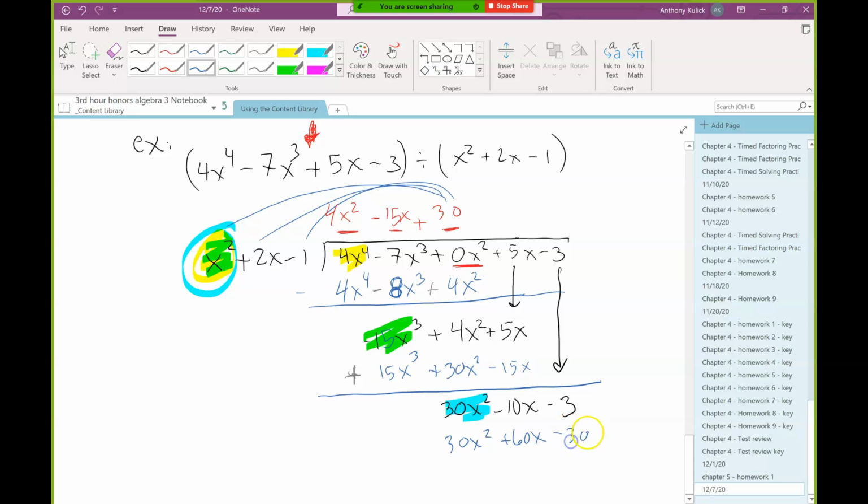Wait, Mr. Kulik, wouldn't that be like 34x squared because of the 4? Yup. Sorry. Bad day for arithmetic here at the Kulik house.